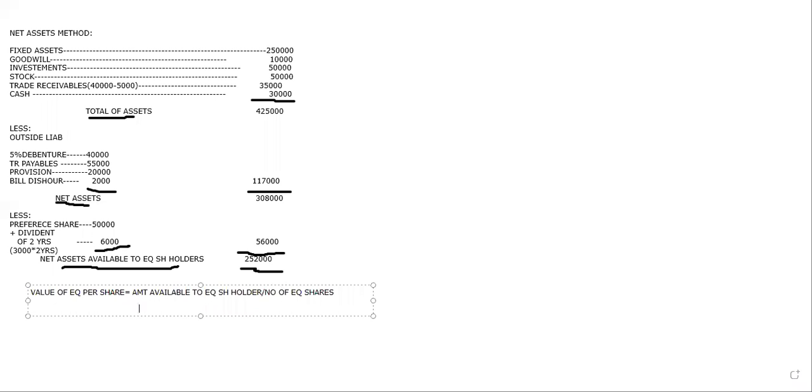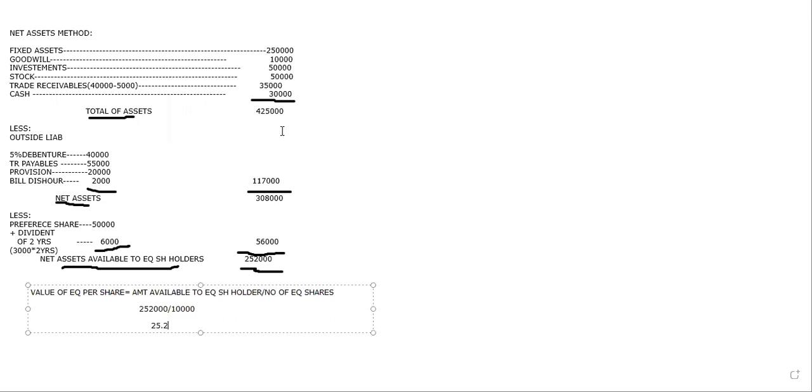Okay. Now please apply in this one. Amount available is how much? 2,52,000 divided by how many equity shares are there? 10,000 equity shares. So the answer is how much? 2,52,000 divided by 10,000. How much is the answer you got? 25.2.